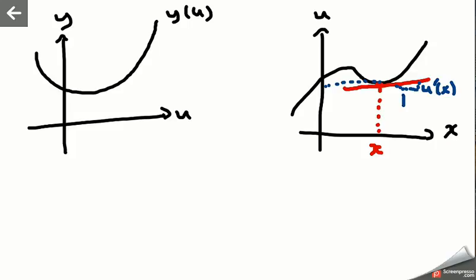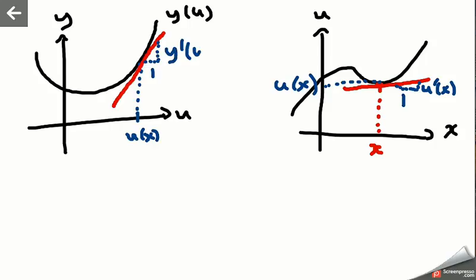And then if I plot for the value u of x, if I go ahead and draw a tangent line there, then as I go across by 1 unit in the u direction, my tangent line is going to increase by y prime, y differentiated at the point u of x.